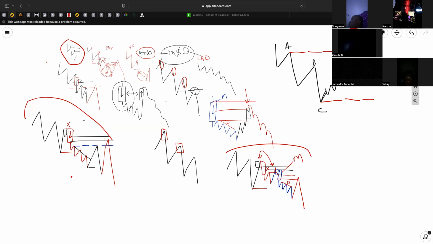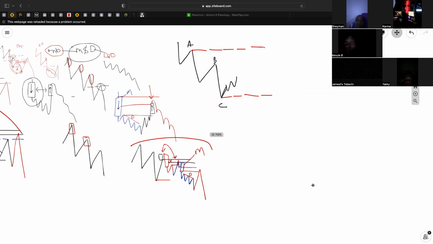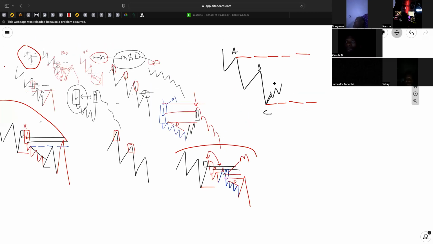But with the concept of incomplete pullback, pay attention. Now we have I, low, I. Then market stops here. Then we have A, B, C. So let's say this is an incomplete pullback. This is the 50% right here. What does this tell you?